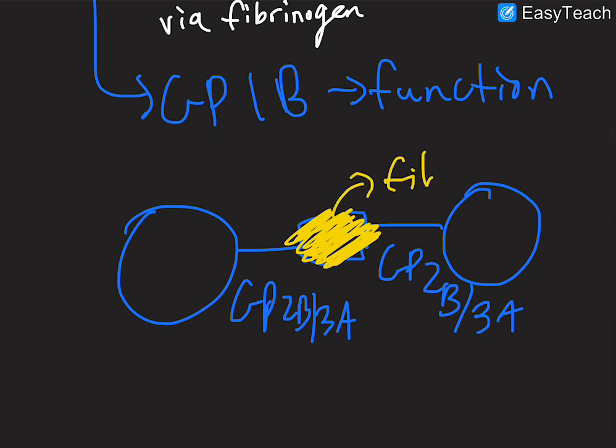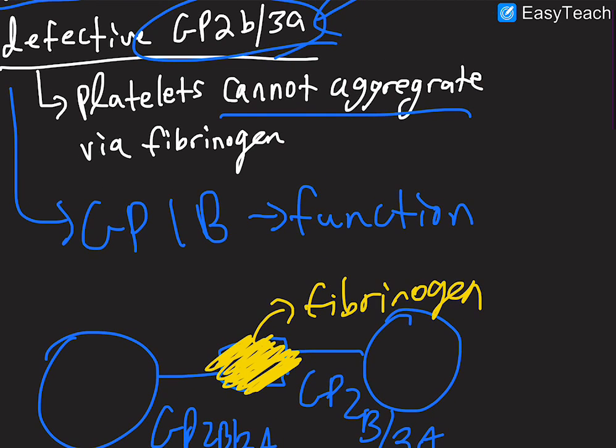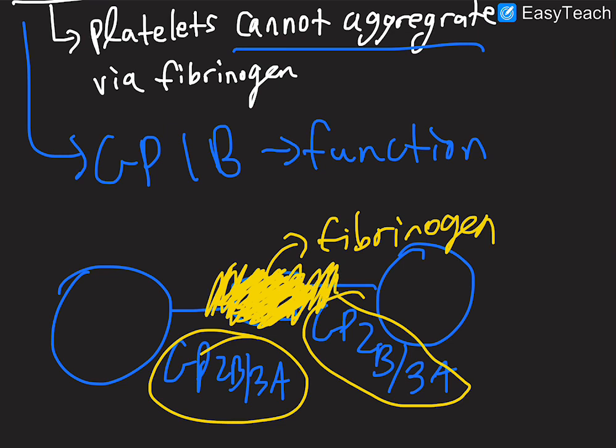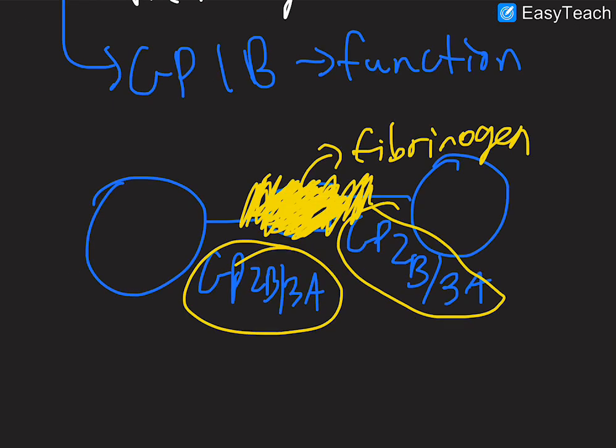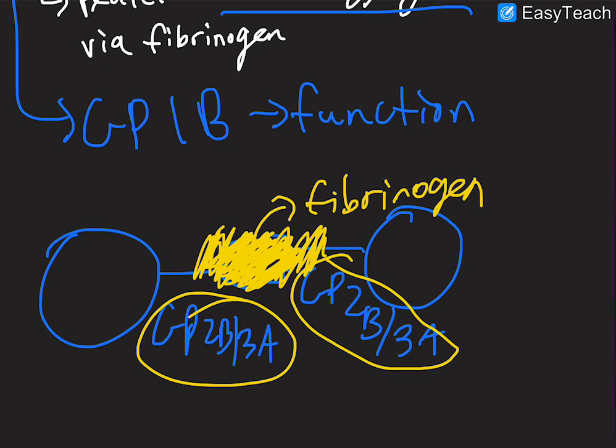But if you don't have glycoprotein 2b3a at all, or defective glycoprotein 2b3a, then you won't have receptors for fibrinogen to link, because fibrinogen links glycoprotein 2b3a molecules on different platelets. So then you can get platelet aggregation, and that way you can get expansion of the size of your clot, so more and more platelets can come to the area where you have endothelial damage, so you don't bleed out.